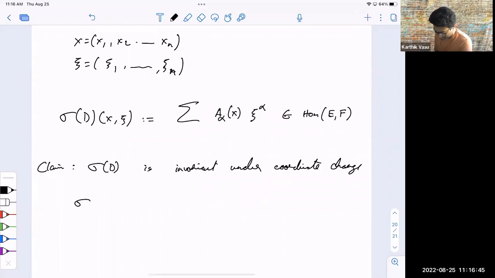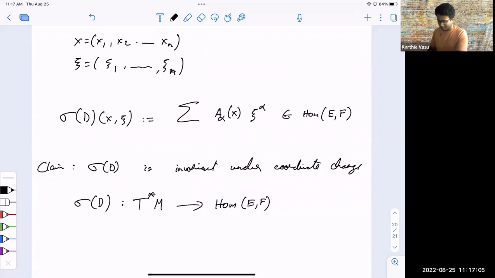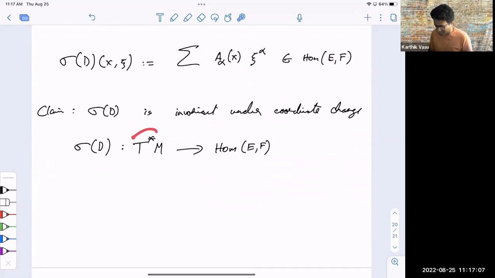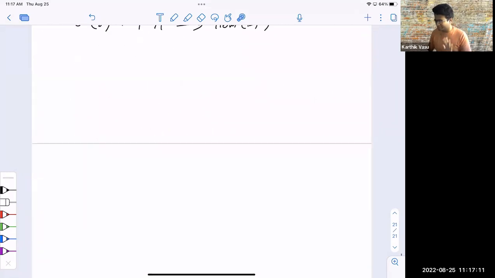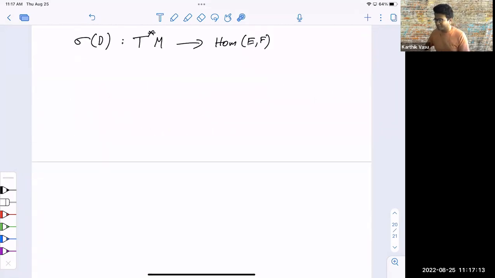In other words, sigma D is a well-defined map defined on the cotangent bundle, and it will map into Hom of E comma F. So it will take a cotangent vector and give you things here. These are symbols of differential operators.